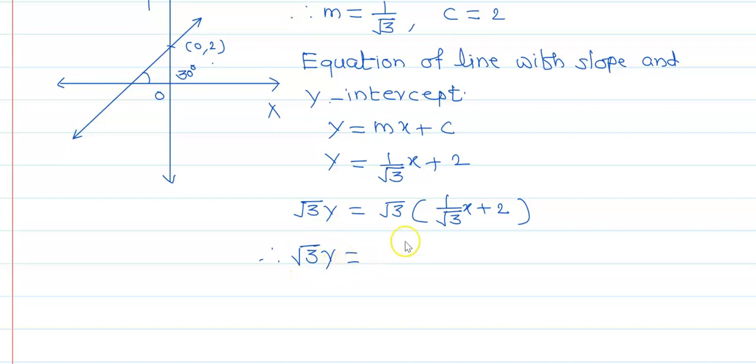And therefore root 3 y is equal to their multiplication, root 3 upon root 3 x plus 2 into root 3.